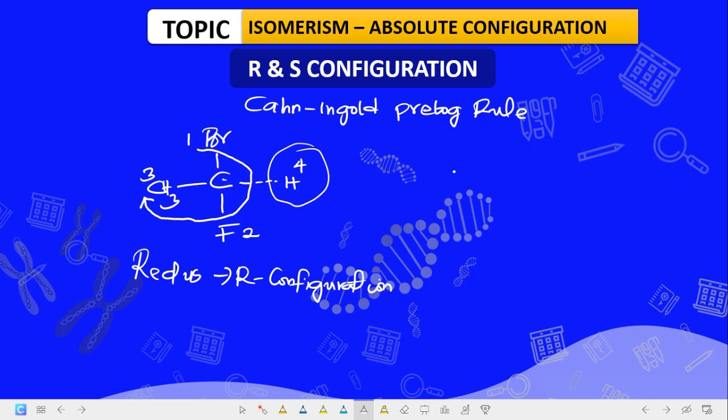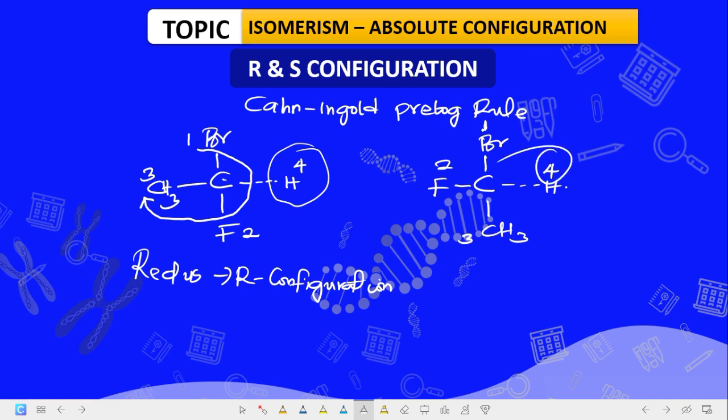However, if you have it as something like this, C, you have Br, then let's say you have F here, and then you have CH3, and then finally you have hydrogen. Now look at this one. Of course, we know this will be number 1. Here is number 2, here is number 3, and here is 4. I told you that the 4 does not really matter.